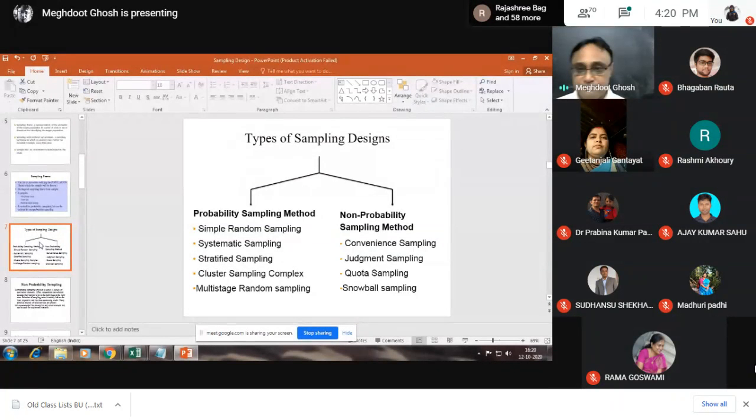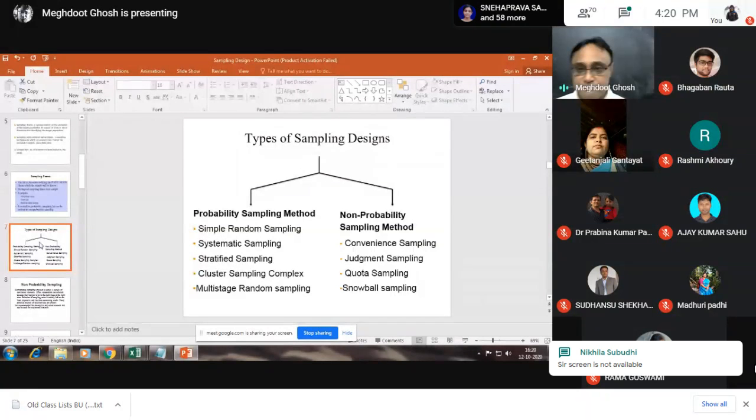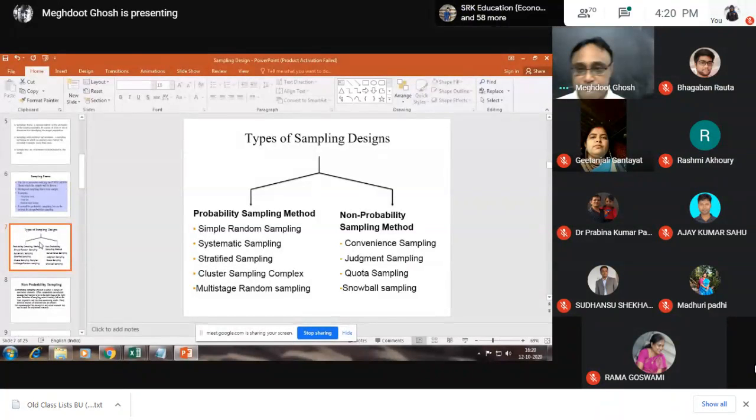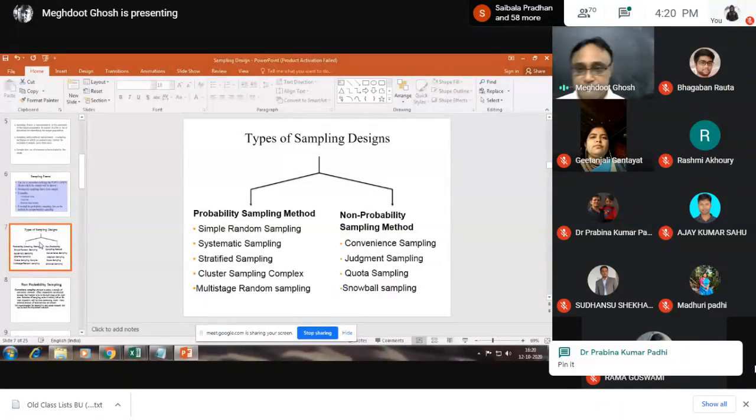And that is the reason why it is called the probability sampling method. Non-probability sampling method: here equal probability is not assigned. Rather, it is dependent on the researcher's discretion. So obviously, some amount of bias will creep into this system. But in case of probability sampling, no type of bias will get into the system.